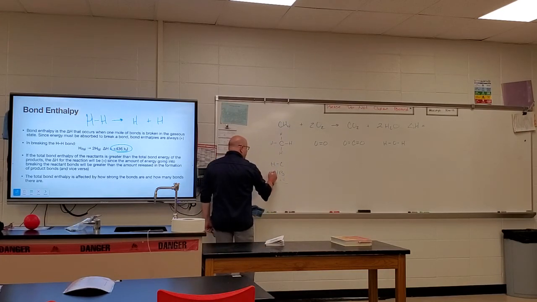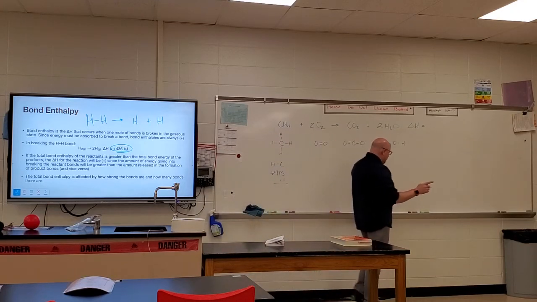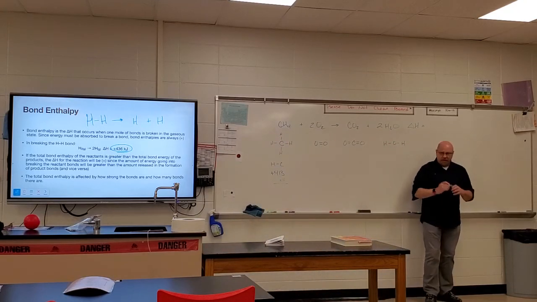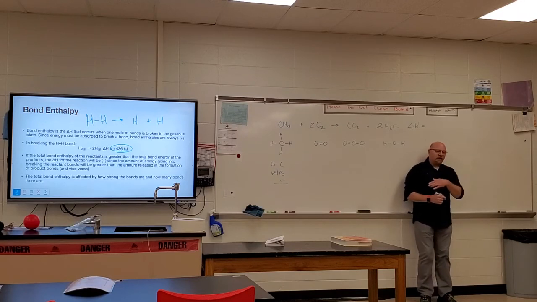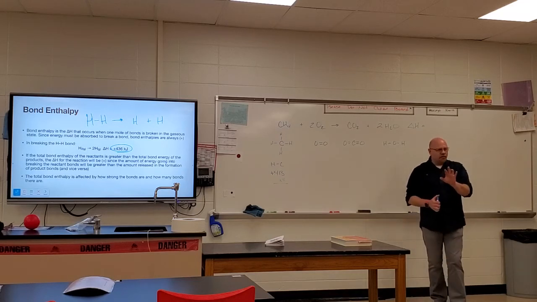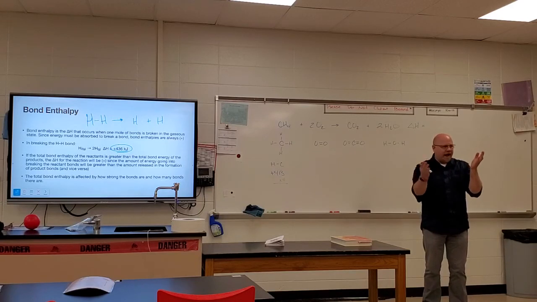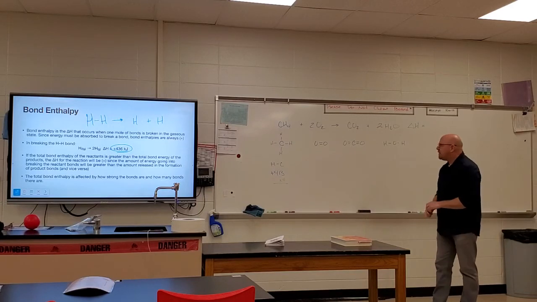Now I'm going to put a positive sign on this because in the enthalpy tables, they don't give you a sign, but I just defined bond enthalpies as the energy required to break a bond. So they would have positive values. Here's how this is working. Remember Hess's law. It doesn't matter what you do. It's what you start with and what you end with. How you go from reactants to products doesn't matter.